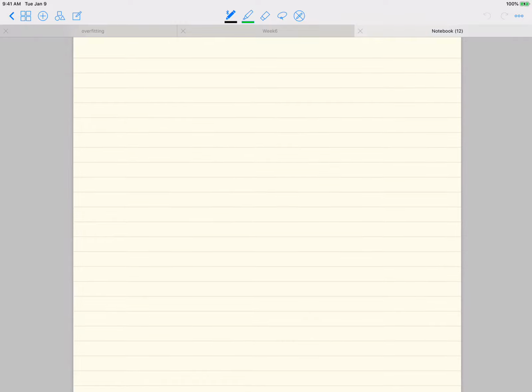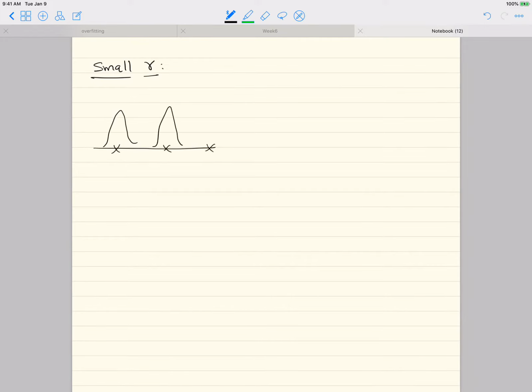So just so that we understand this, if you have a small value of r, the width is small, and if these were your 3 points, your kernel functions might look like this, very narrow. And then when you sum it up, your p hat of x might look something like this, because you're just taking the contribution of these 3 kernels which are very narrow.